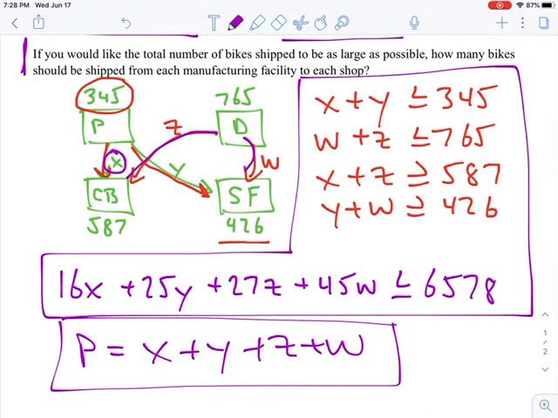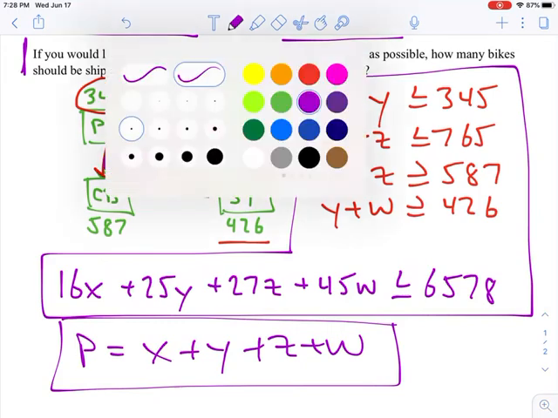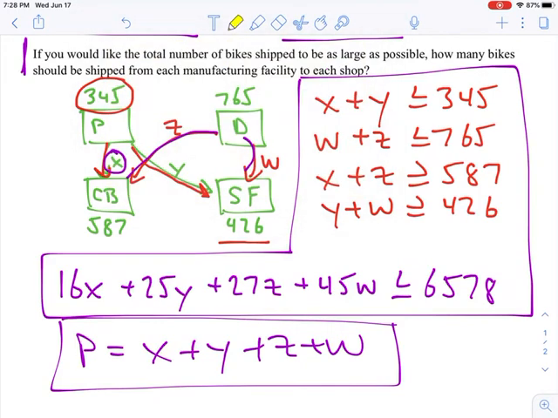The next thing we have to figure out is what type of problem this is. We already know it's a maximization problem, but is it standard maximization or non-standard maximization? Hopefully that becomes clear when we look at the inequality symbols. We have a less than or equal to, a less than or equal to, a greater than or equal to, a greater than or equal to, and a less than or equal to.